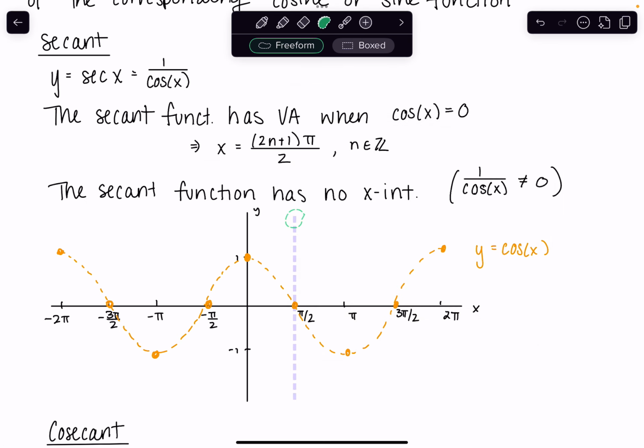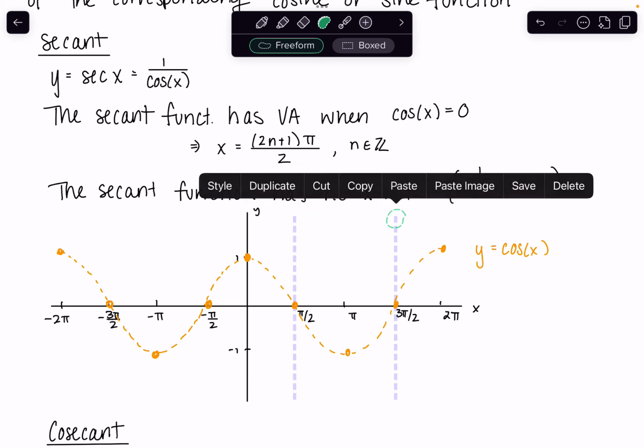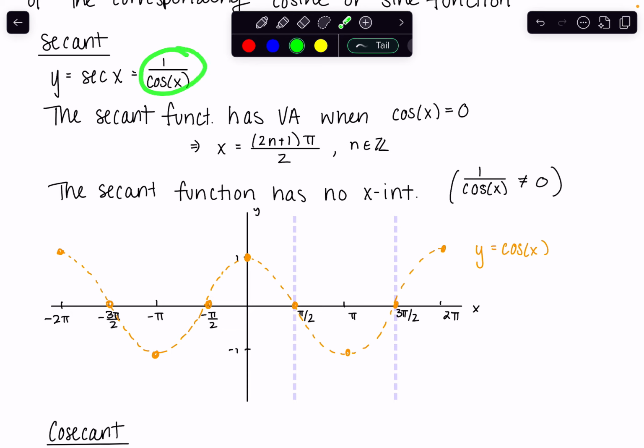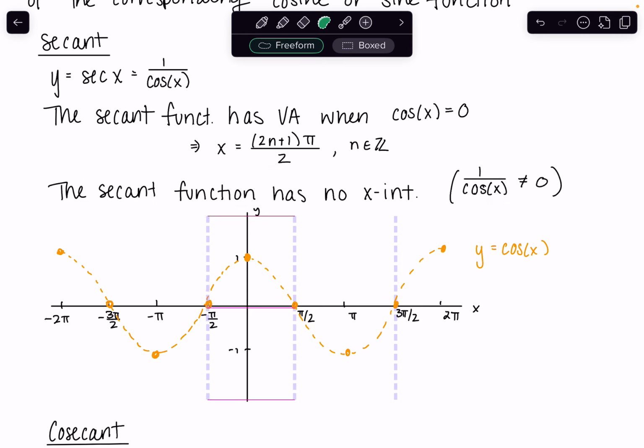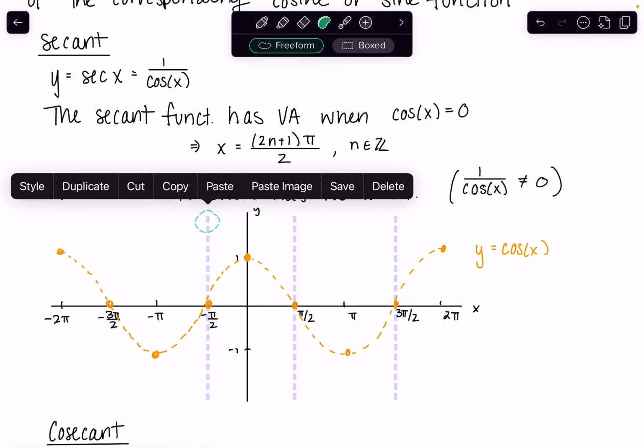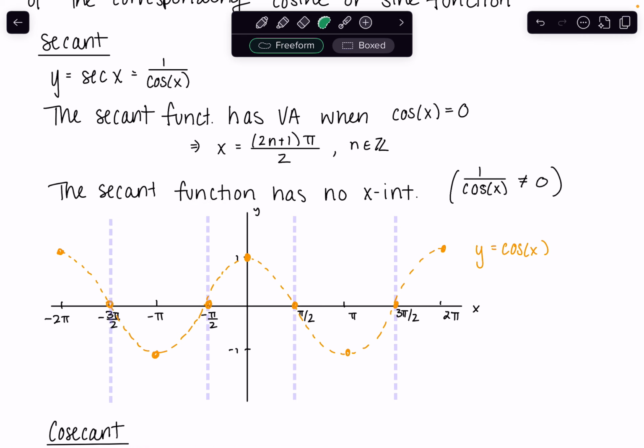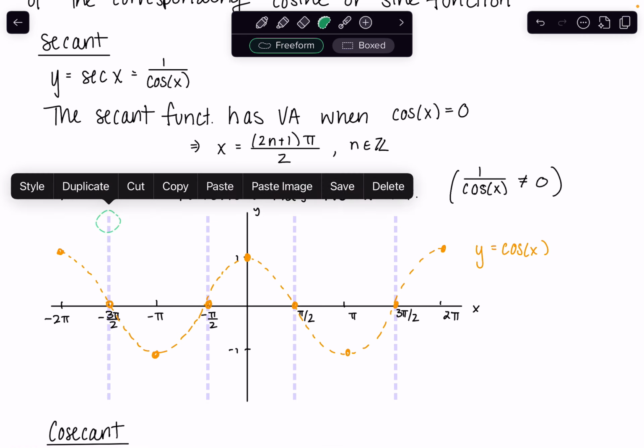Okay. And then likewise, 3 pi over 2, exact same thing happens. Cosine of 3 pi over 2 is 0, so when you go to find the reciprocal of that, 1 divided by 0 is undefined. So really, all of these points where I have x-intercepts for cosine turn into vertical asymptotes for the secant function.